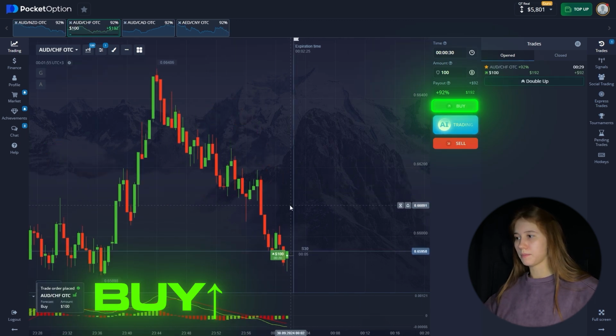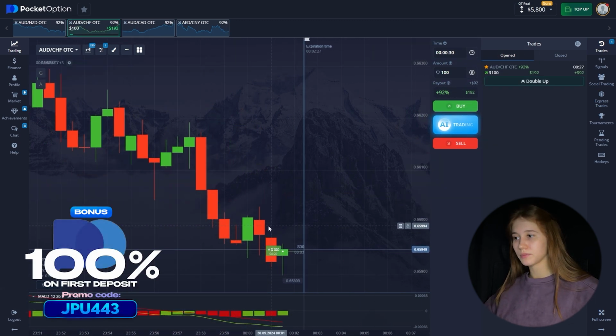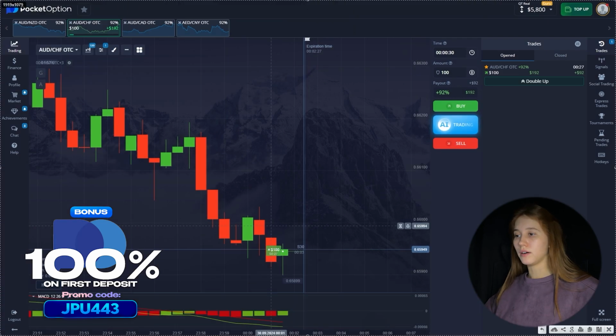We see an up deal, and we start analyzing. So what do we see here? 3 green bars, we see the moving averages changing. We take a closer look specifically in this case.